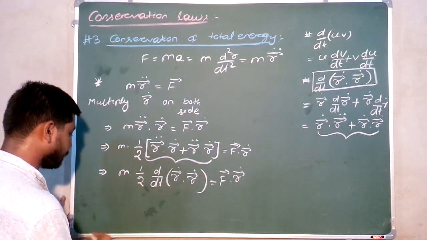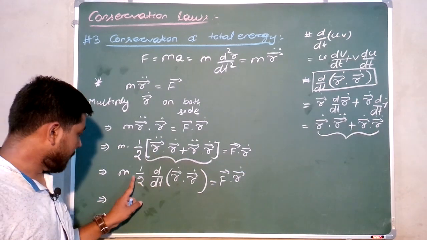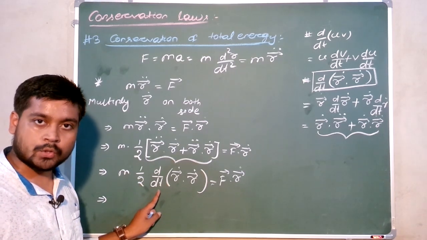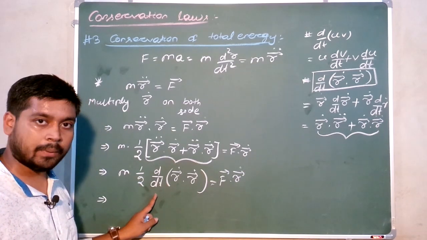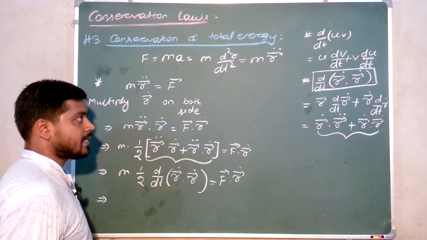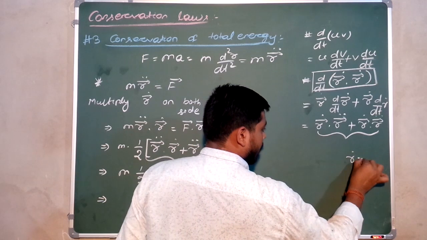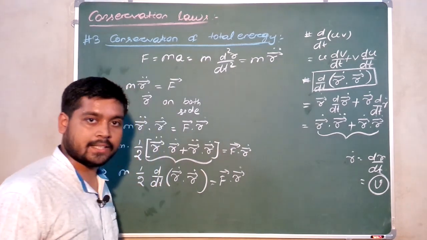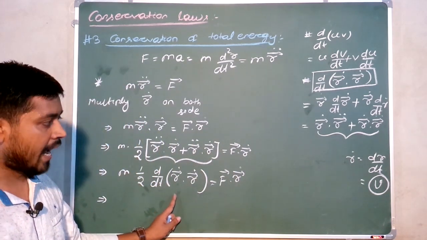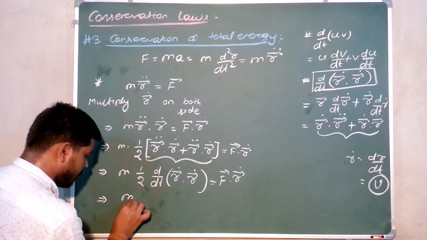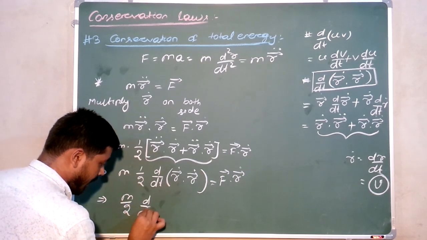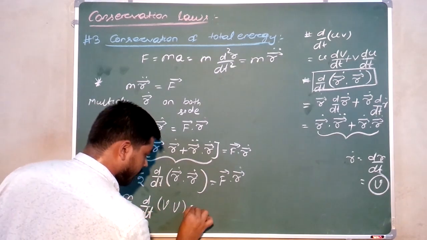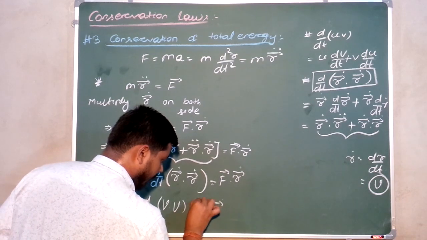Then 1 by 2 and m are both independent of time, so they can enter into the derivative. What is r dot? r dot equal to dr by dt, that is velocity. In place of r dot we can write v. Then what becomes here? m by 2 d by dt of v into v equal to F r dot.